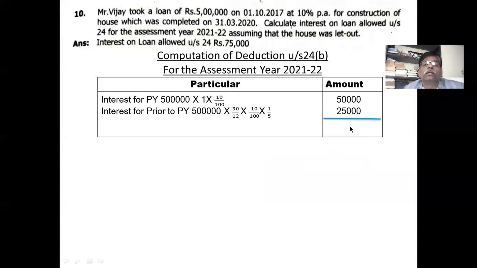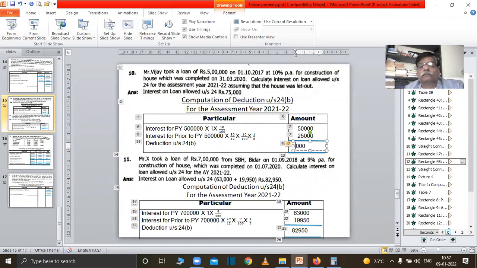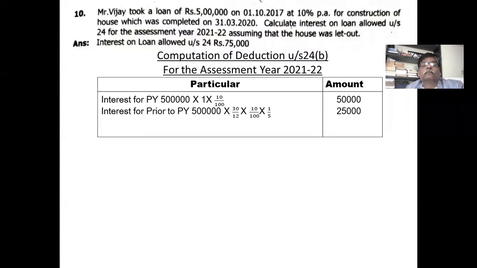So total interest allowable under section 24B is 75,000. Okay. The period you calculate prior to previous year. Clear? This is the point you remember regarding the interest on loan.